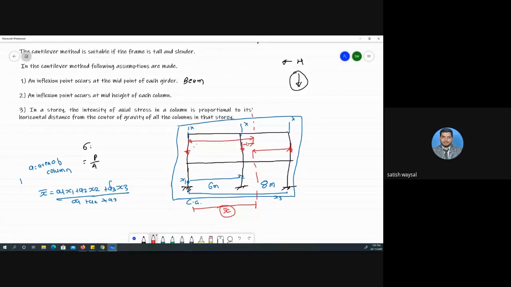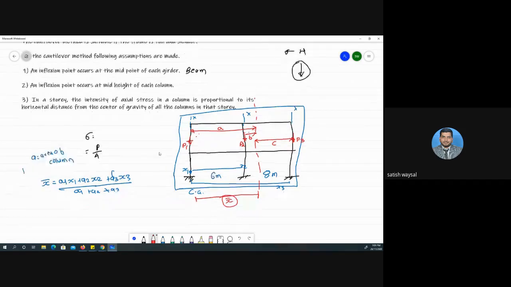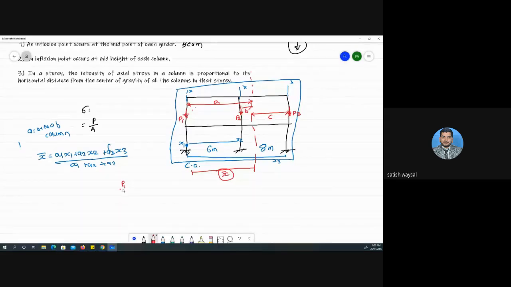Suppose this force is P1, this is P2, and this force is P3, and let this distance be A, this distance B, and this distance C. According to the third assumption, it establishes the relation P1 upon A equals P2 upon B equals P3 upon C.